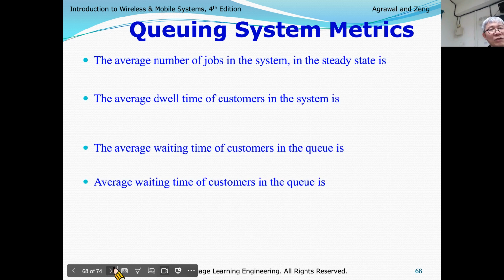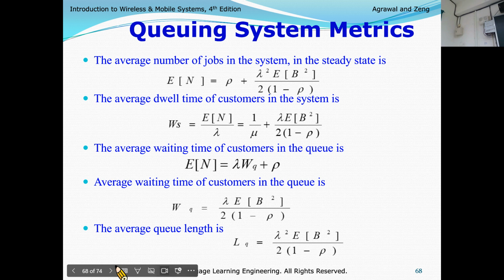So finally, the goal for us is, we have the result, but why do we have the result? First of all, the task will let us have the result. Maybe the task will also provide you some derivations, but not the detailed derivation. So how to have the detailed derivations? Likewise we have the system length, system time, queue length, and waiting time in queue.